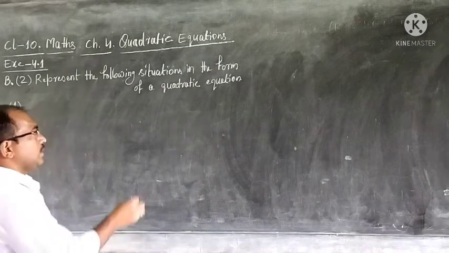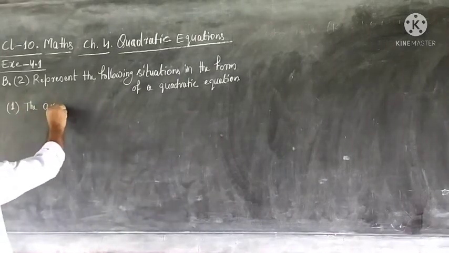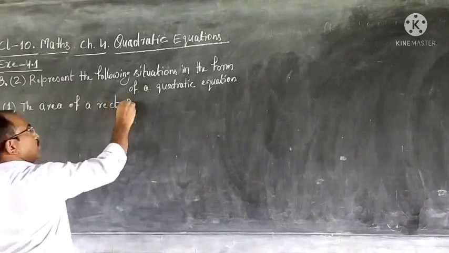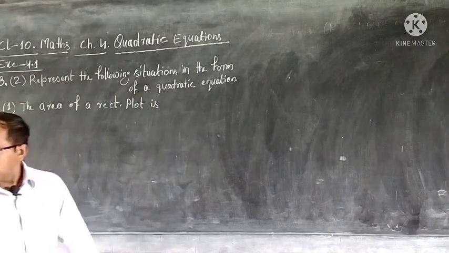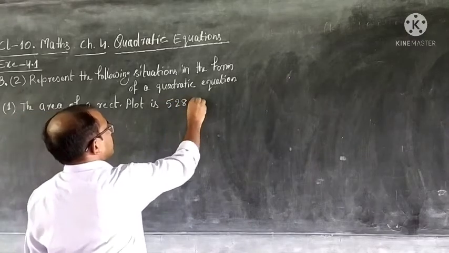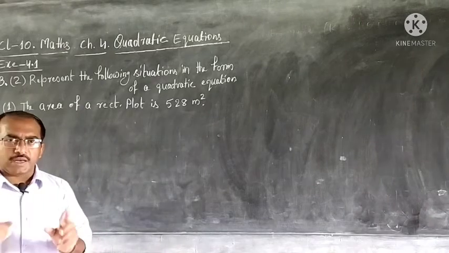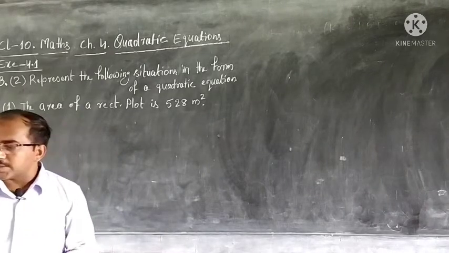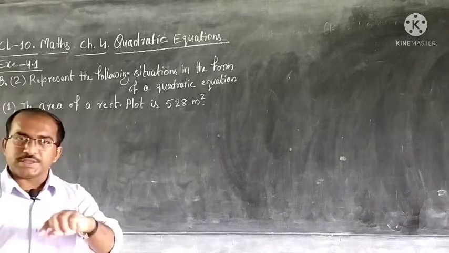So, what is said here? The area of the rectangular plot is 528 meters square. And when we read the next sentence, we find that length and breadth are related. In what sense? The length of the field is 1 more than twice its breadth.